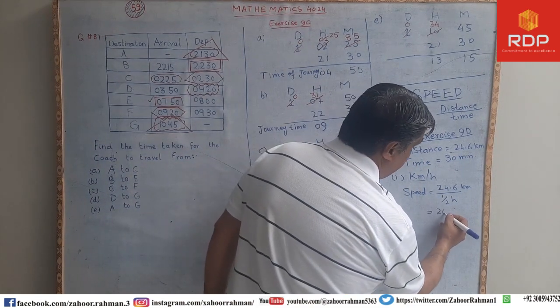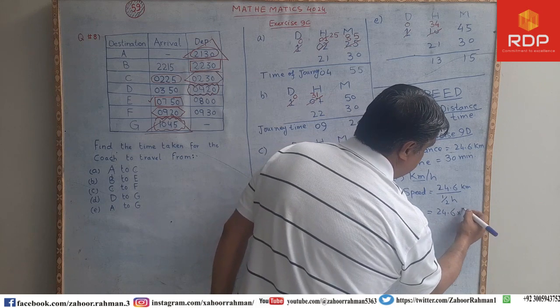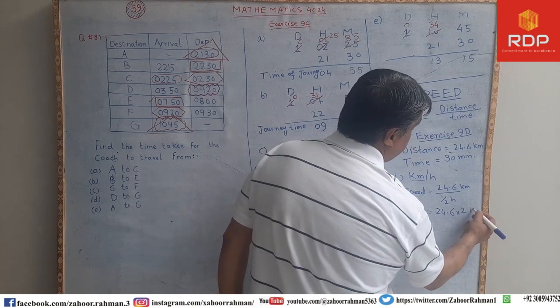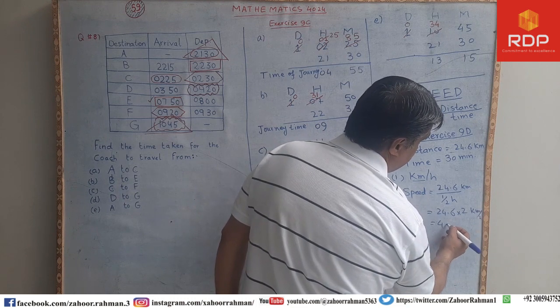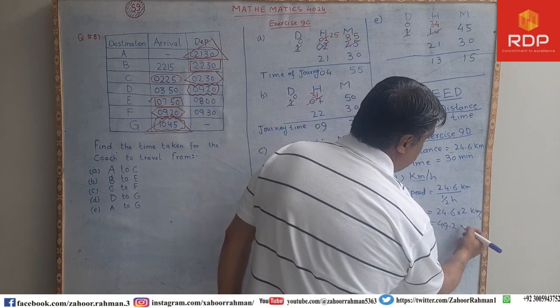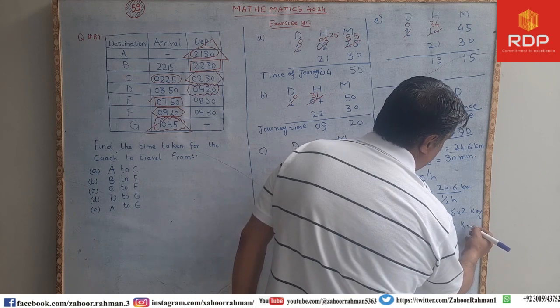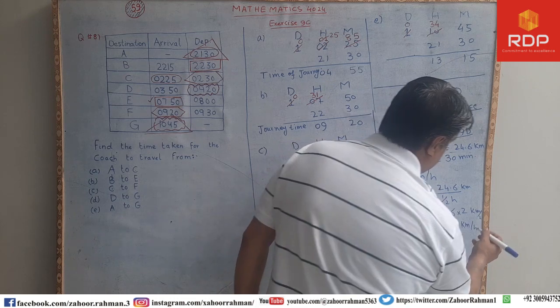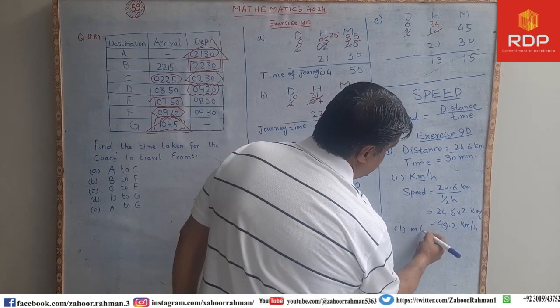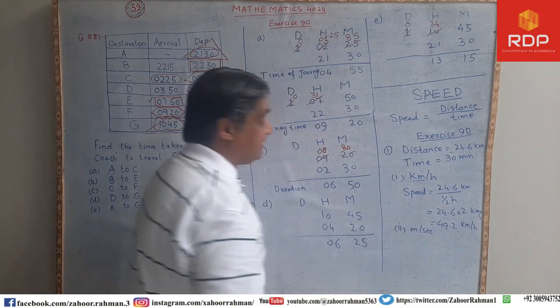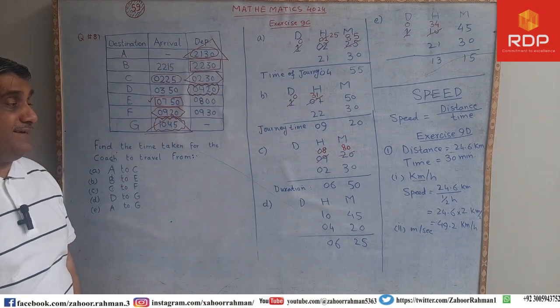So 24.6 multiplied by 2 kilometer per hour, and that will be equal to 49.2 kilometer per hour.